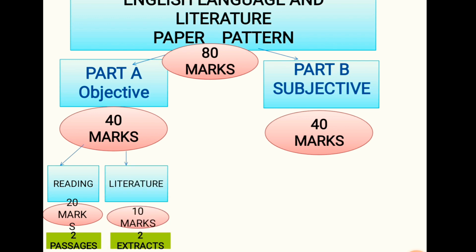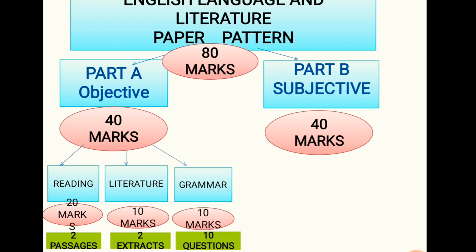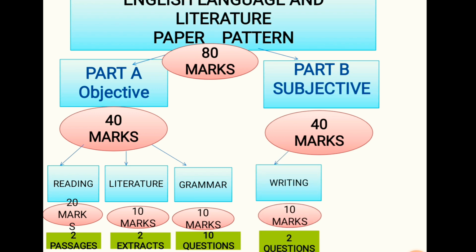Then we have literature, MCQ questions, 2 extracts of 5 marks each, making it 10 marks. Lastly, we have MCQ questions, 10 marks for 10 questions. Moving to the subjective part of the question paper, for 40 marks, we have only writing and literature.